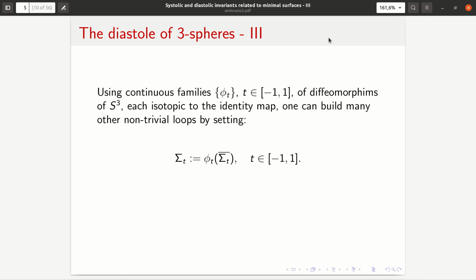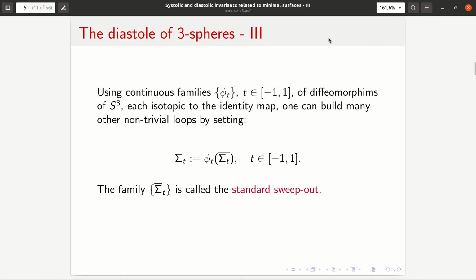By the same reason that I explained, we can understand this family sigma t as a non-trivial loop in the space of embedded two spheres, a non-trivial loop that is homotopic to the initial non-trivial loop of horizontal spheres.